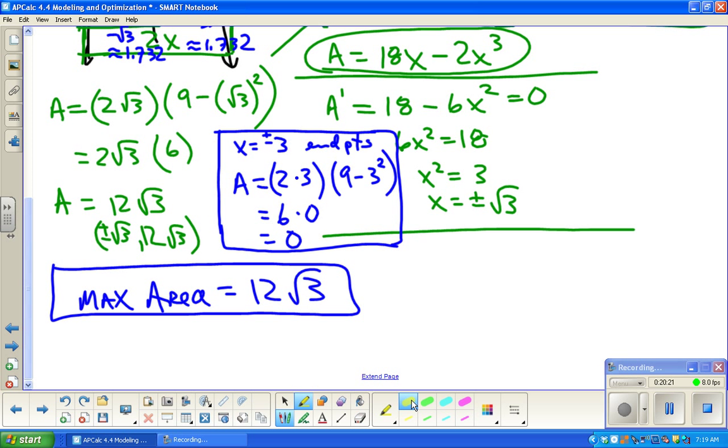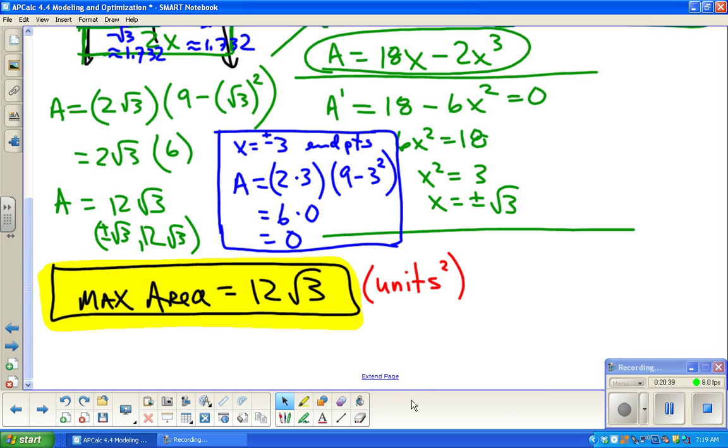I'm sorry, it is a rectangle, but it's not like your backyard or the floor space in a house or anything like that. So I don't really have any units to use here. I'm just going to make a little parenthetical note here that these would be square units if you were going to do that.